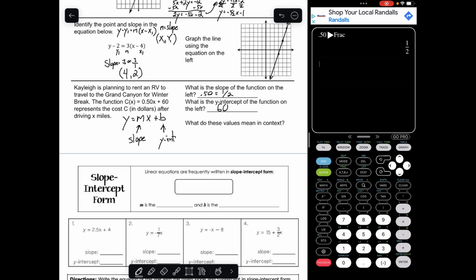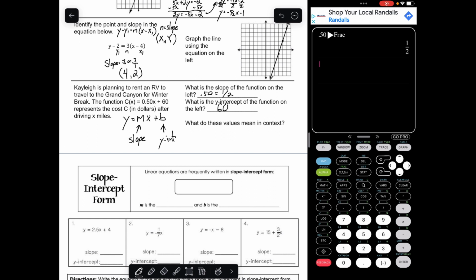That's where the beginning cost is. Then, once we start driving, for every mile we drive, they're going to charge us another 50 cents. So I can drive as much as I want, but I just have to be mindful that the more miles I drive, the more expensive this rental gets.